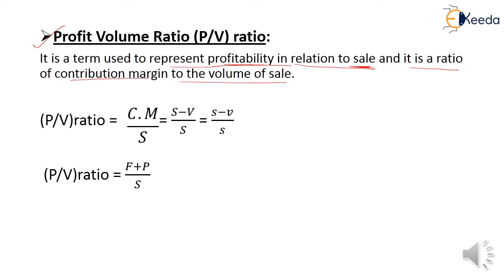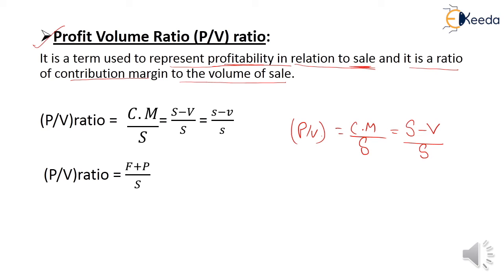Okay, so what is a PV ratio? It is the contribution margin per unit sale. In the previous slide, we discussed the contribution margin, and what is the contribution margin? Total selling cost minus total variable cost upon total selling cost.